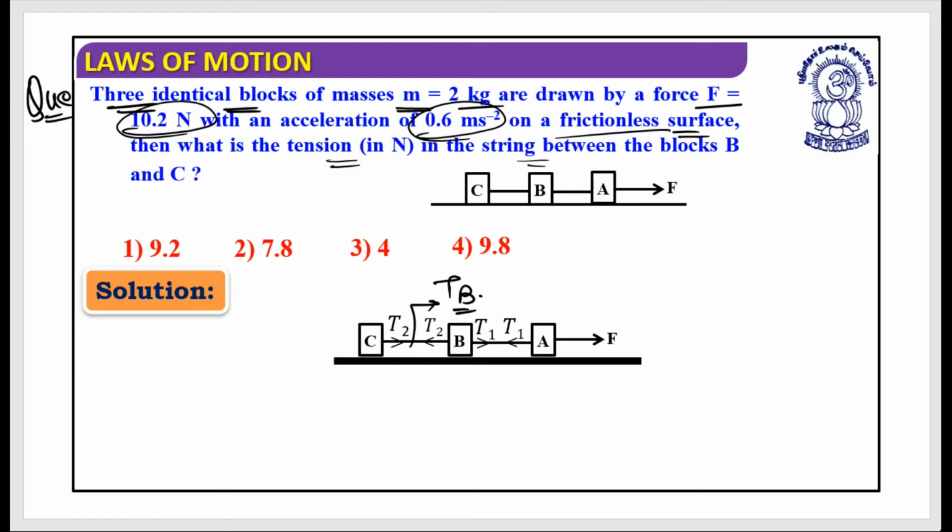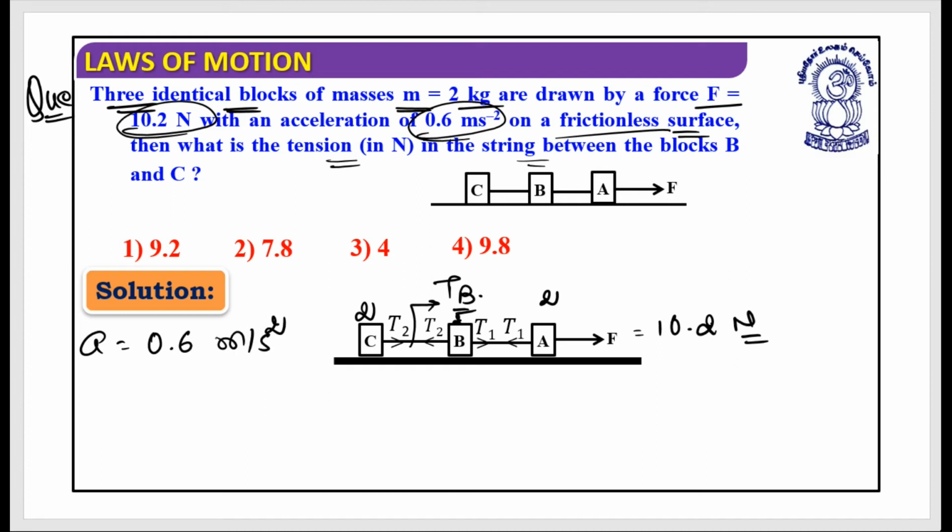So how could you do this? The force applied is 10.2 Newton. Three identical blocks of mass 2 kg: this is 2, this is 2, this is 2. They have also provided the acceleration, which is 0.6 meter per second square.